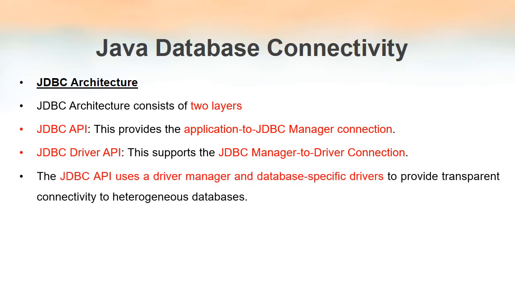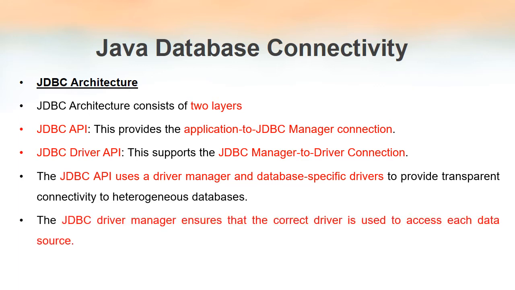The JDBC application program interface uses a driver manager and database specific drivers. That phrase, database specific, is very important, because depending upon the database, the driver we use will vary. So the JDBC API uses a driver manager and database specific drivers to access the database, and the JDBC driver manager ensures that the correct driver is used to access the database.